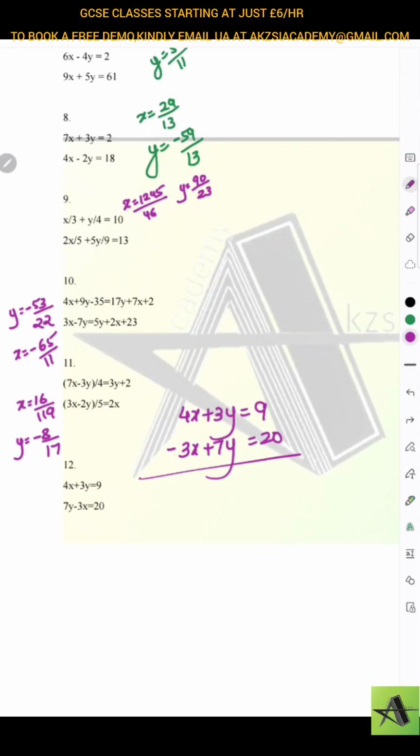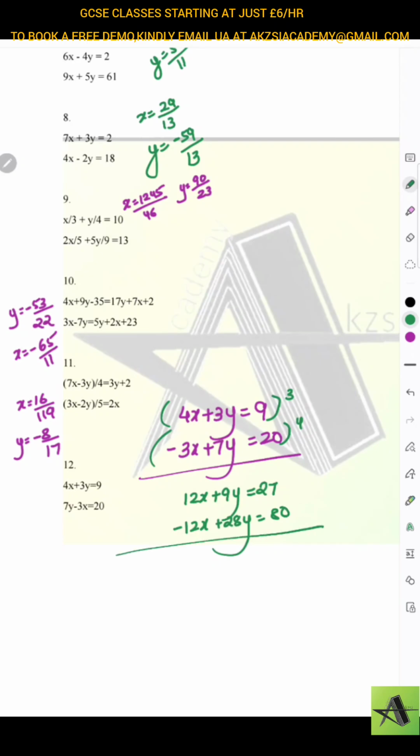And here let me make x the same. So for that I'm just multiplying this whole with 3, the whole with 4. So this will become 12x plus 9y is equals to 27, and this will become minus 12x plus 28y is equals to 80. Because they are already opposite, so just add them up.